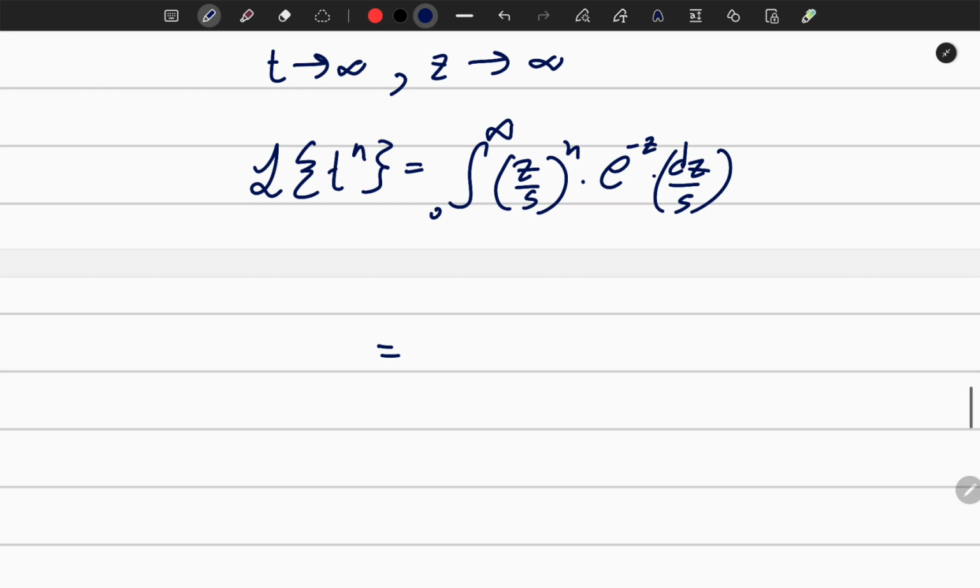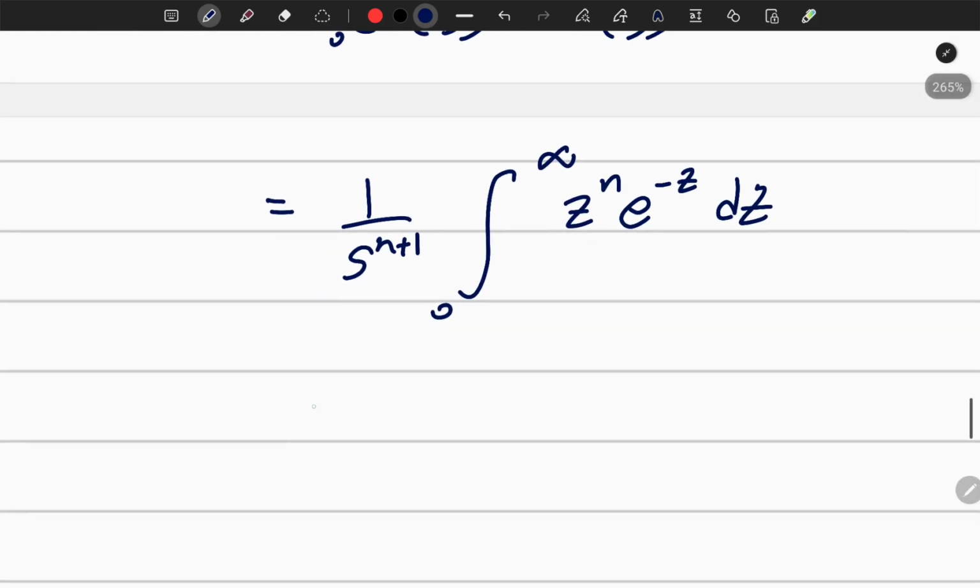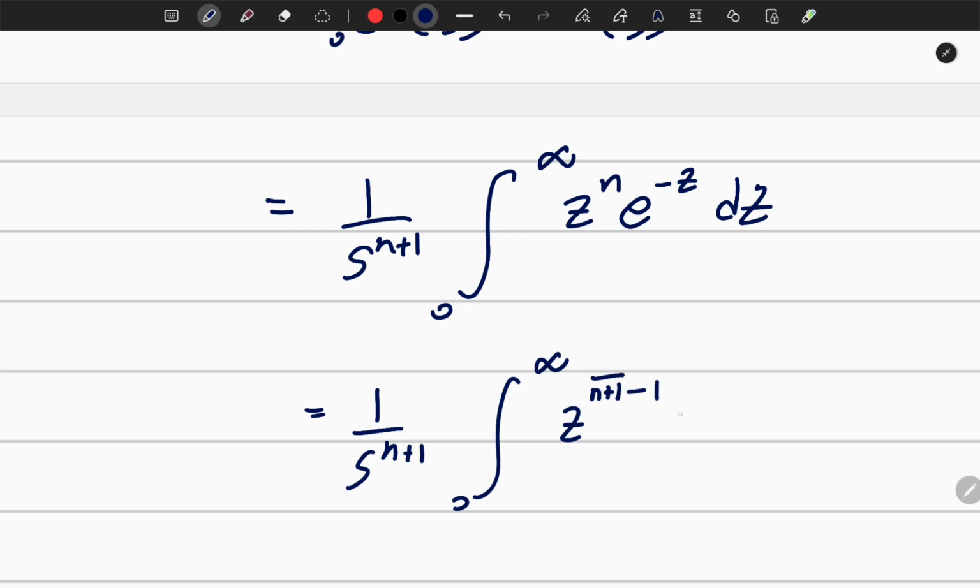Since s is a constant, I can pull it out. So here there is s to the n and there is s, so 1 over s to the n plus 1, integral from 0 to infinity of z to the n e to the minus z dz. I can write this as 1 over s to the n plus 1, integral of z to the (n plus 1 minus 1) e to the minus z dz.